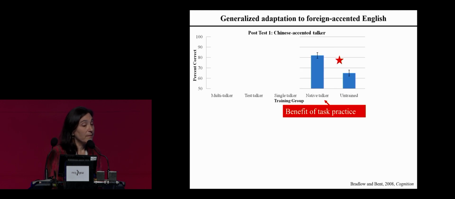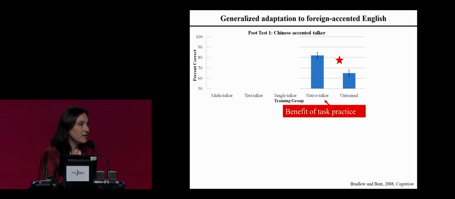However, notice that the control group that was just given exposure to Native American English speech did do better than the baseline condition in the untrained control, which just tells us that there is a benefit of this task practice.